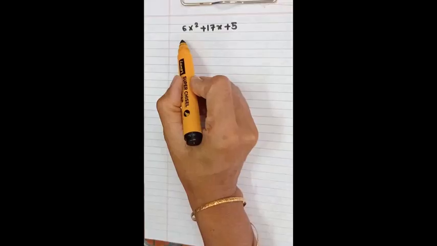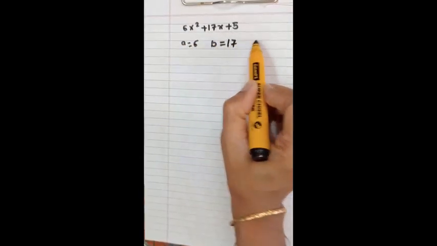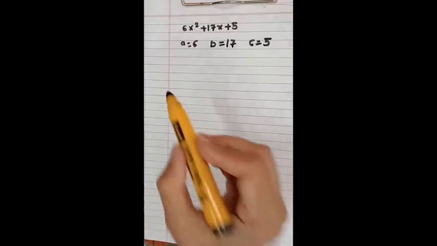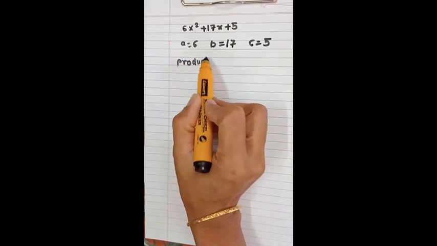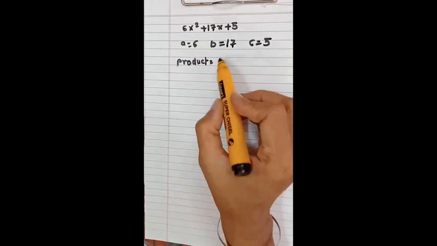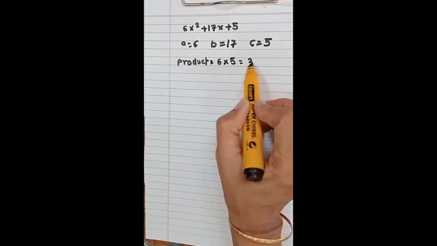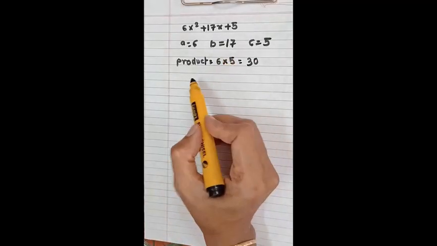So here a is 6, b is 17 and c is 5. You have to find two numbers whose product is 6 into 5, that is 30, and whose sum is 17.